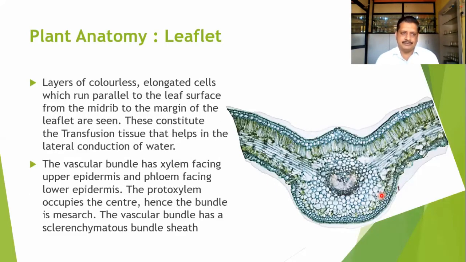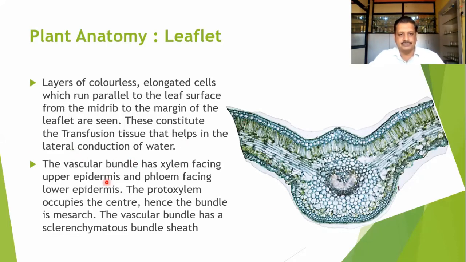Normally, the layers of colorless elongated cells run parallel to the leaf surface from the midrib to the margin. Leaflets, here we can observe that. Here it is a complete palisade zone, and this is the lower epidermis. So this constitutes the transfusion tissue and helps in the lateral conduction of water.